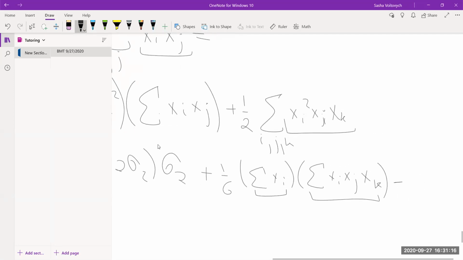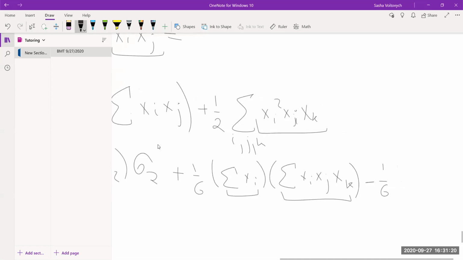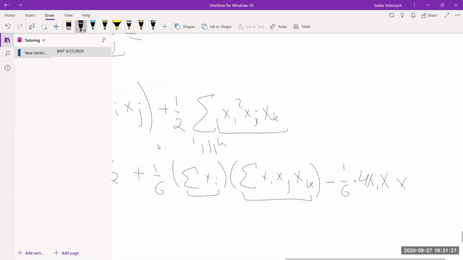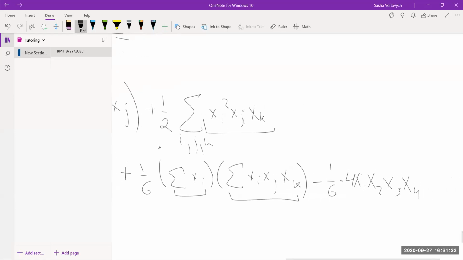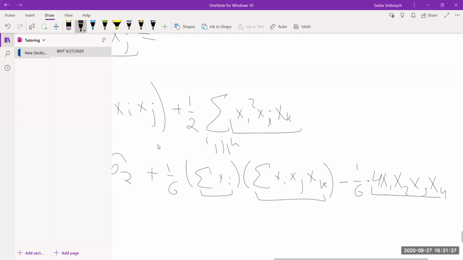And then we overcounted the product of all roots, appearing 4 times, because it is x1, x2, x3, x4, x2, x1, x3, x4, and so on.